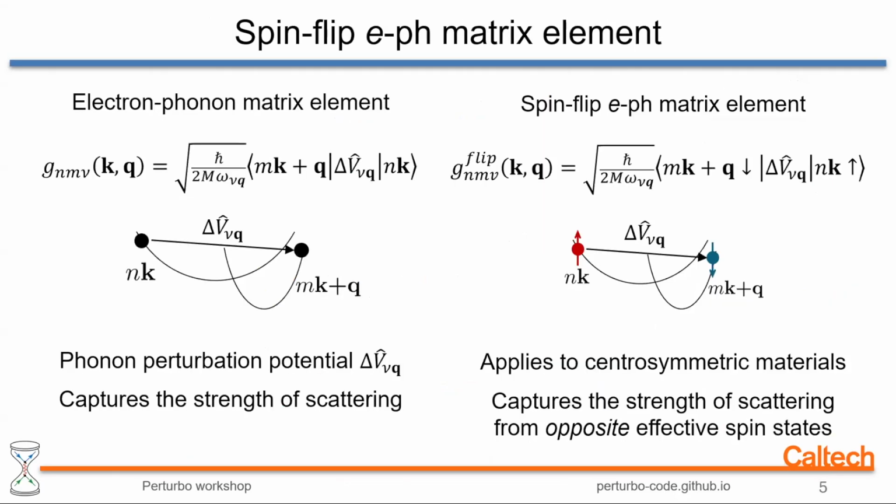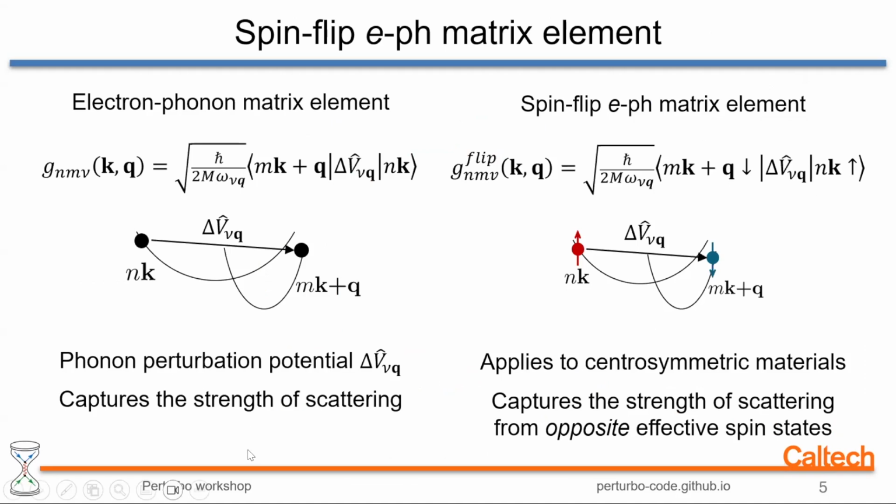So next, we can take this a step further to computing spin relaxation times. To compute spin relaxation times, we need what's called the spin-flip matrix element. So here we have a side-by-side comparison of our regular electron-phonon matrix element that we've seen previously and our spin-flip electron-phonon matrix element.